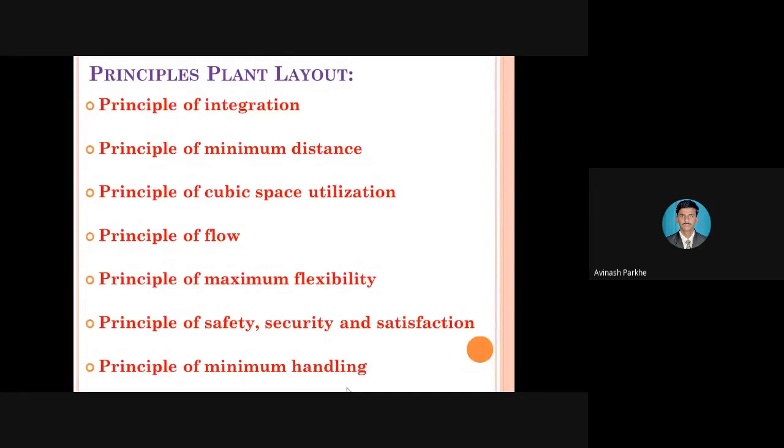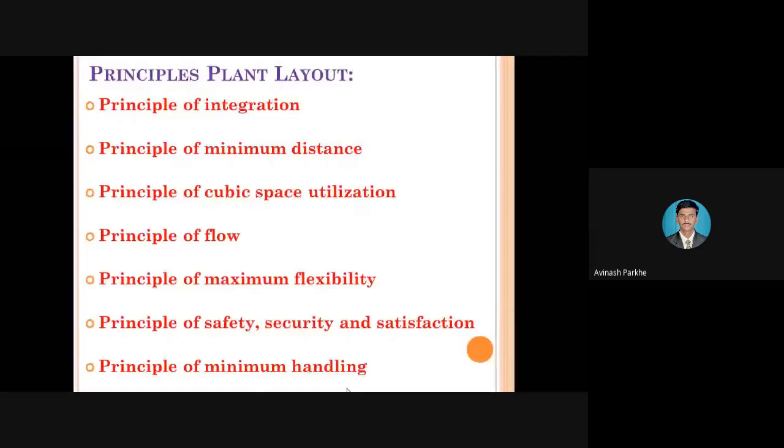So this is the last principle, which is related to the principle of minimum handling. If some heavy duty and medium duty components are to be handled by the operator, there may be a possibility of injuries. There may be a possibility of accidents. So to avoid those situations, care should be taken in advance.